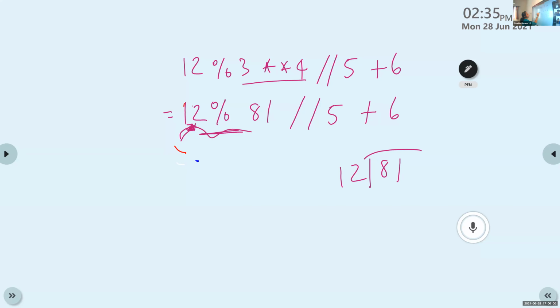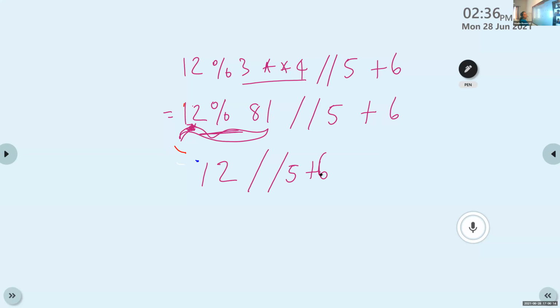So the answer of 12 modulo 81 is 12. Then 12 floor division 5 plus 6. Next calculation, which one, Vishnu? Floor division. That means 12 floor division 5. What is the answer of 12 floor division 5, Vishnu?